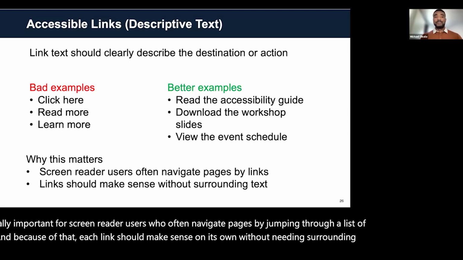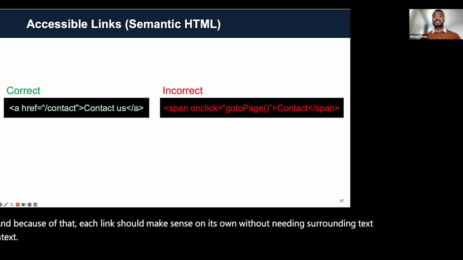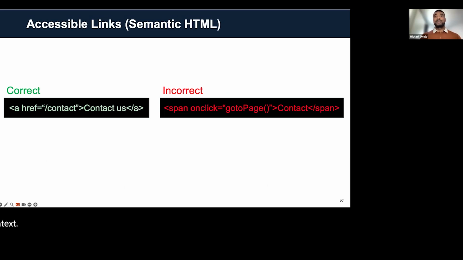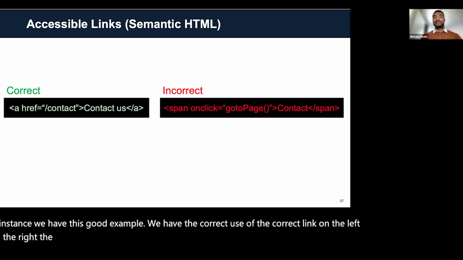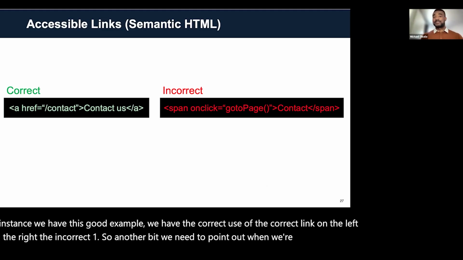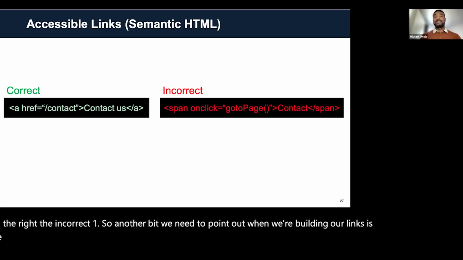context. So for instance, we have a good example. We have the correct use of the link on the left and, on the right, the incorrect one. So another bit we need to point out when we're building our links is the use of semantic HTML so that the browsers and assistive technologies understand their purpose.